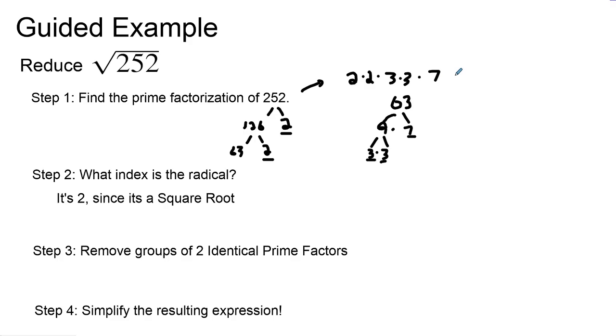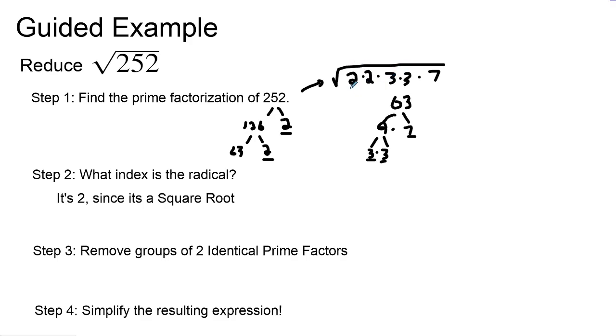So if you go ahead and punch in 2 times 2 is 4, times 3 is 12, times another 3 is 36. 36 times 7 will get you 252. So what we are then going to say is this is the equivalent of the square root of 2 times 2 times 3 times 3 times 7.